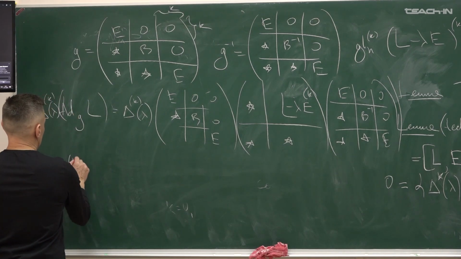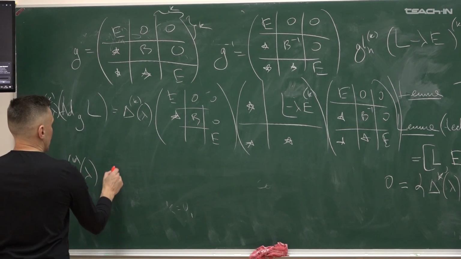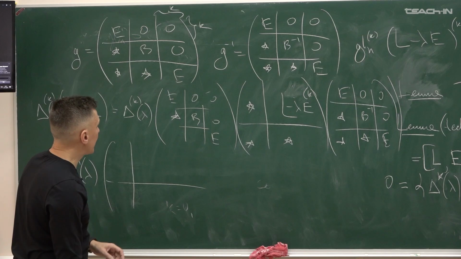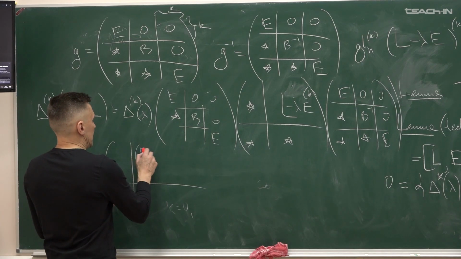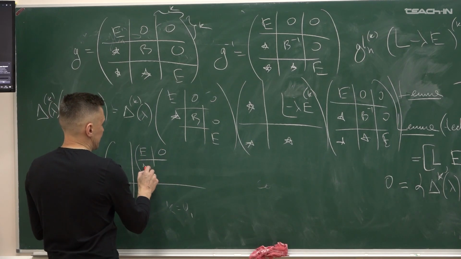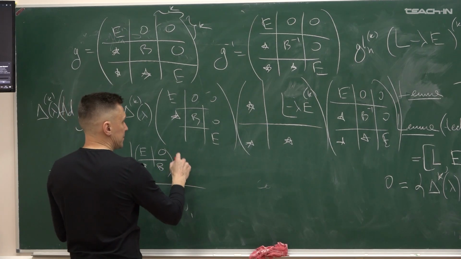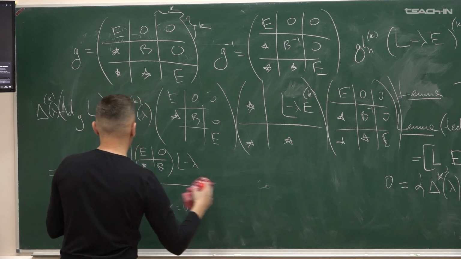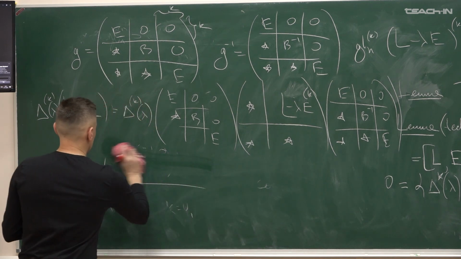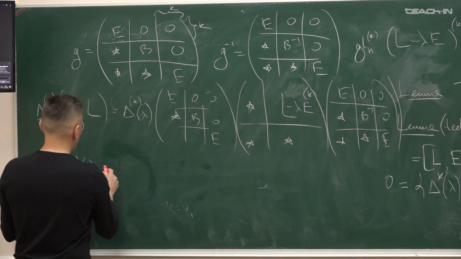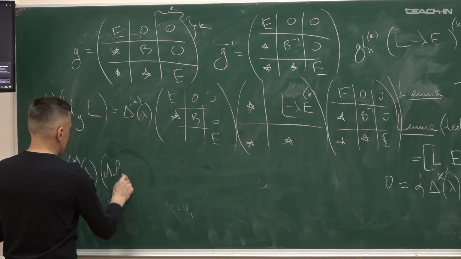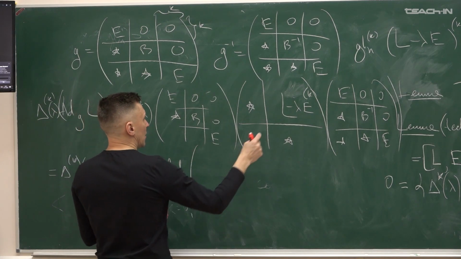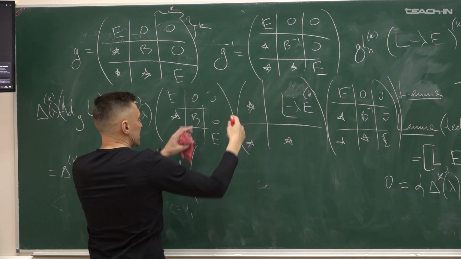This is delta k lambda of such a function, the determinant of this block after multiplication.